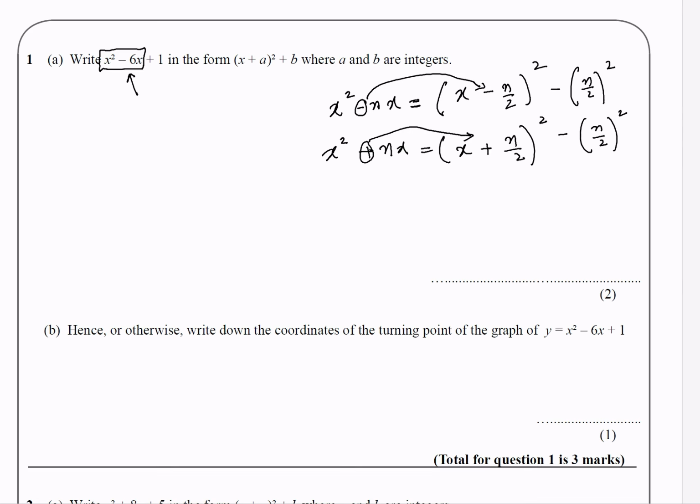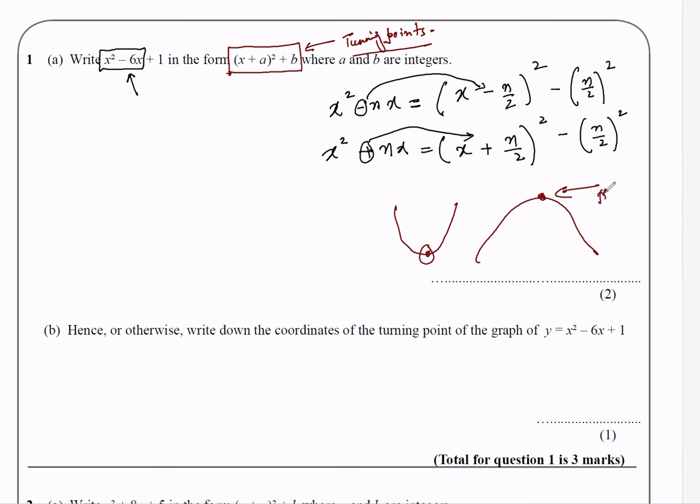In your GCSE Maths, they will tell you to write the equation like this, or they may ask what the turning point of the graph will be. Turning point in a quadratic means the maximum point or the minimum point of the quadratic graph.